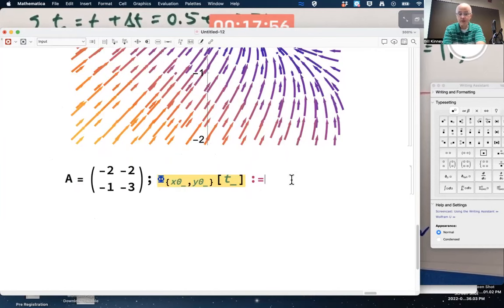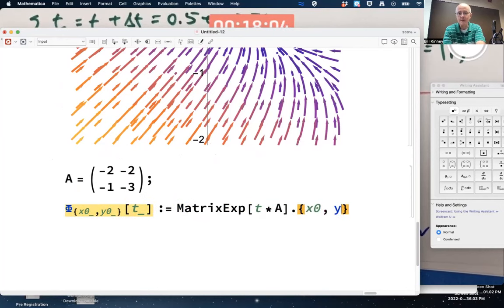By the beautiful generalization, it's the matrix exponential of t times A times the vector whose components are x0, y0. The star is necessary for a scalar times a matrix. A period, a dot, is necessary for a matrix times a vector or a matrix times a matrix.